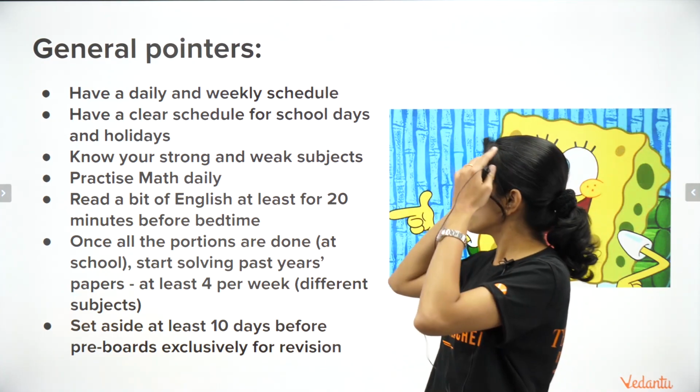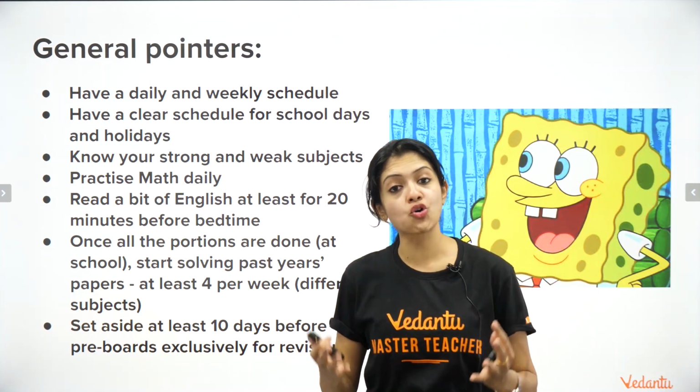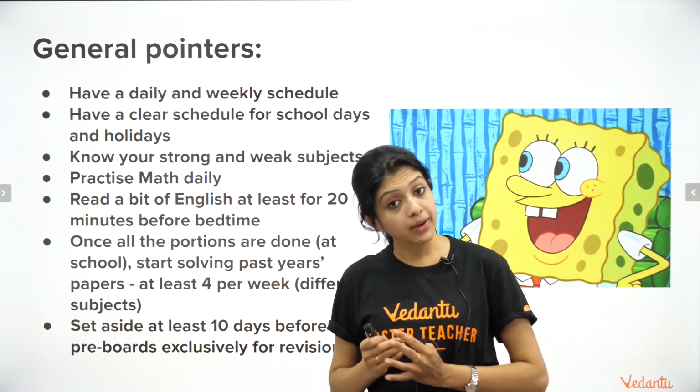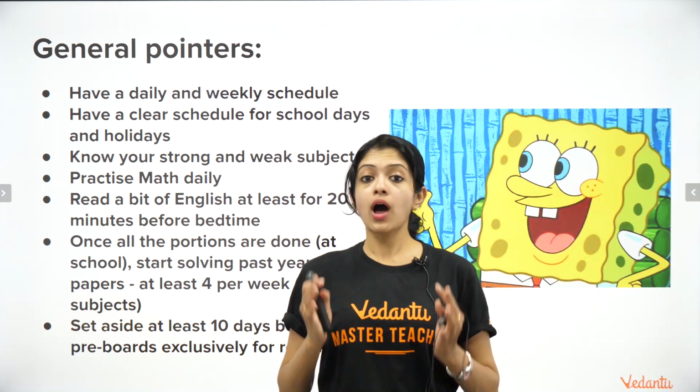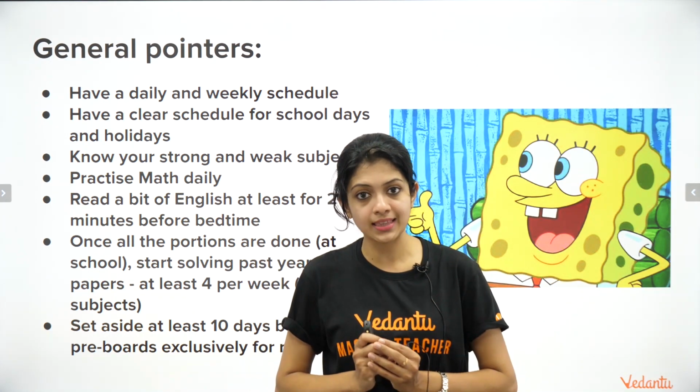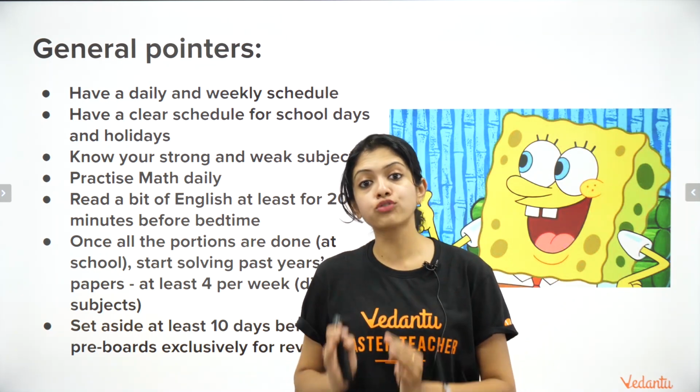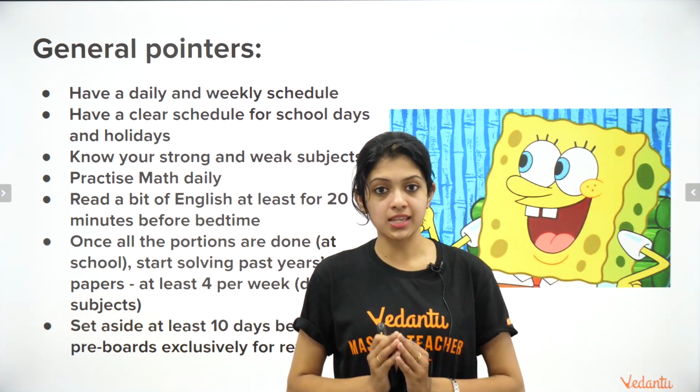The third one, you must definitely know your strong and weak subjects, because in your weekly timetable, you are going to be creating it in such a way that you allot time for every single subject. Right?